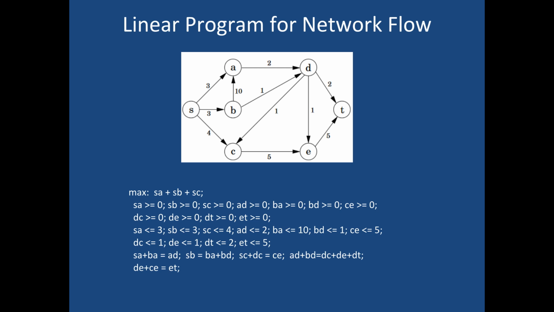I think we're trying to figure out how much oil we can get from S, which is like the starting point, to T. Right. So the idea is, imagine S is sort of an oil field and T is a tanker port where oil is being shipped out. And you've got this network of pipes that you can move oil between nodes.